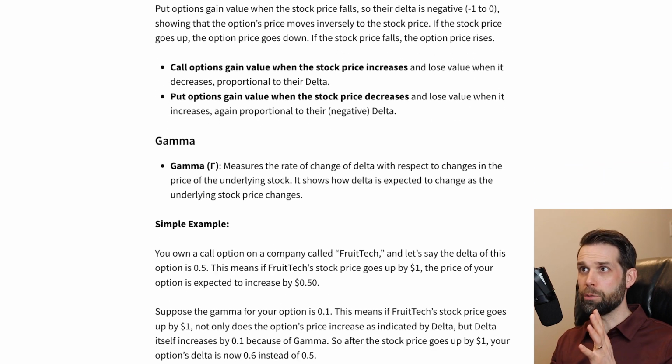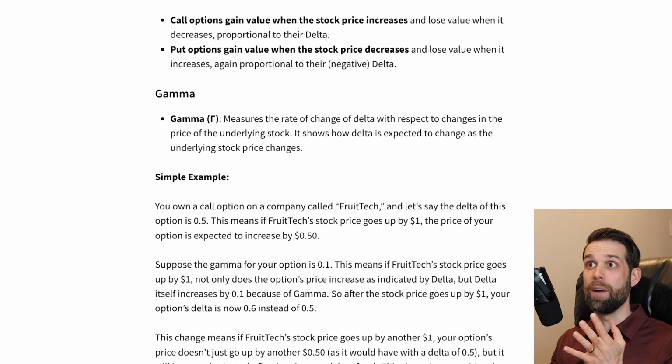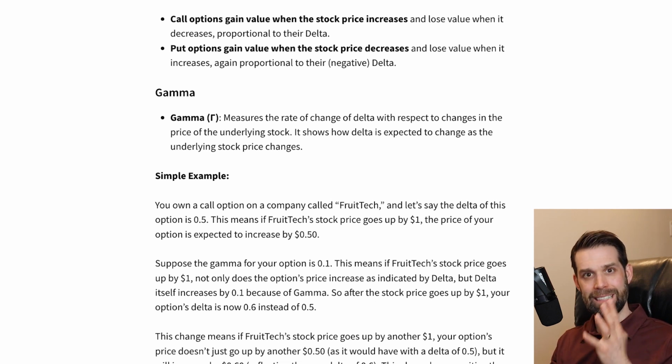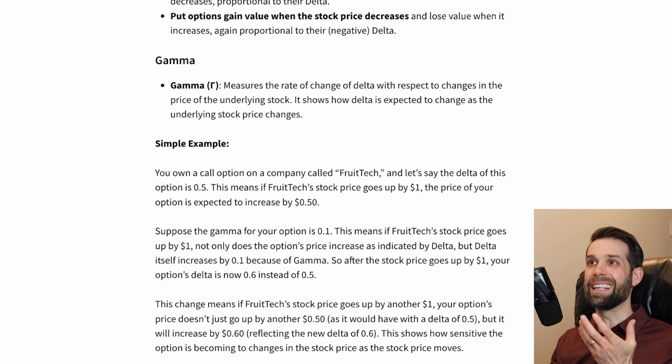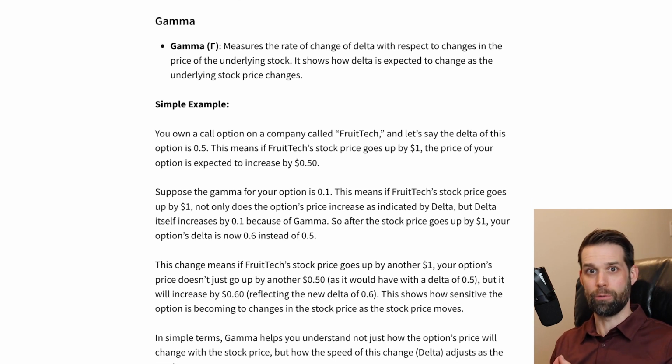So again, call options gain value when the stock price increases and lose value when it decreases, proportional to their delta. So the delta will tell you how much the option's price will go up or down based on a $1 movement in the stock price. So gamma now, remember, gamma was the accelerator gauge.